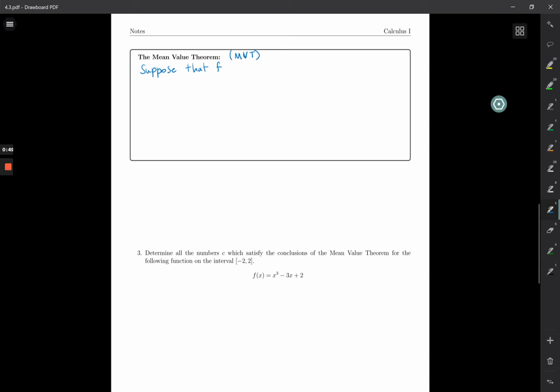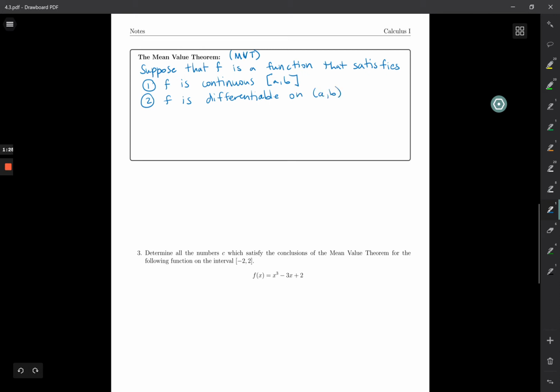So we start with a function, and it will satisfy some conditions. So first of all, f is continuous on the closed interval a to b, and f is differentiable on the open interval a to b.